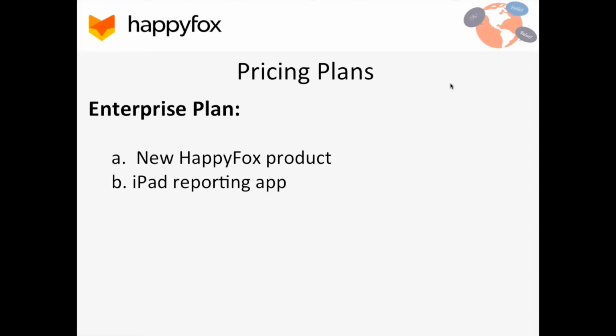So the first thing to jump into is the pricing plans, as I mentioned. Here at HappyFox, the highest plan we have right now is our Mighty plan. We're going to be launching the Fantastic plan, which is going to be higher than the Mighty plan, actually, which is going to include all of the features that you see here, plus a lot more. I just wanted to highlight some things: you're going to have a built-in customer satisfaction survey.